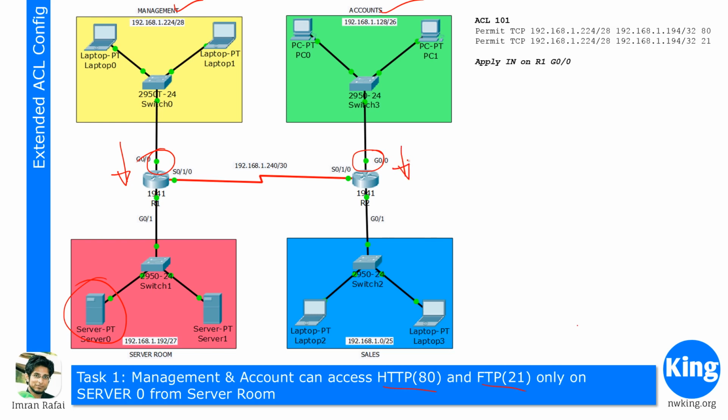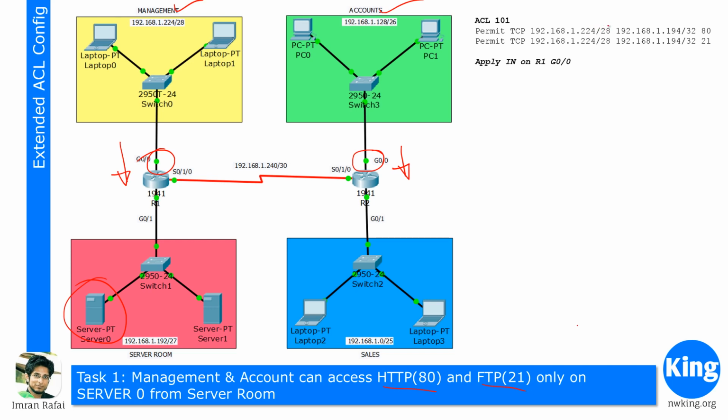So what are the commands? We'll do the classic approach for the management ACL. We say permit TCP. Why are we saying TCP? Because HTTP port 80 is TCP. If you had given permit IP, that means it will let everything go through, but we only want TCP port 80. So we're saying permit TCP 192.168.1.224/28.